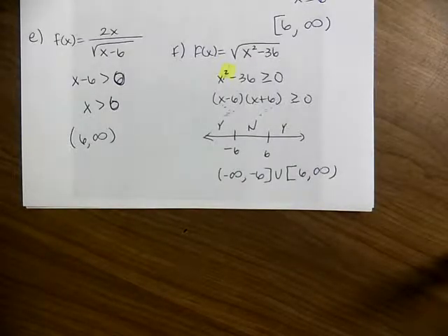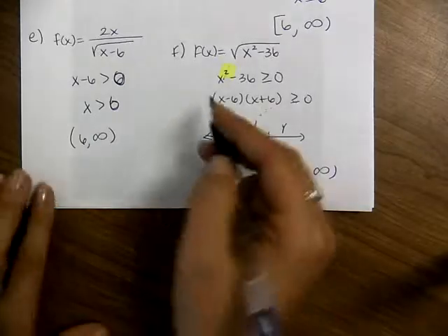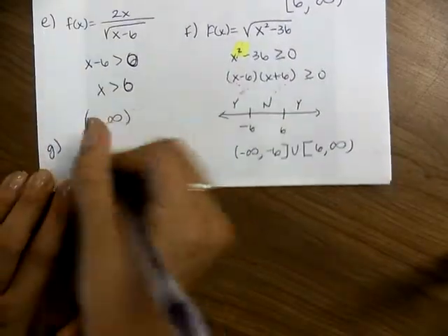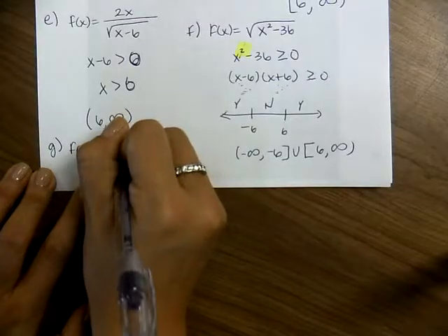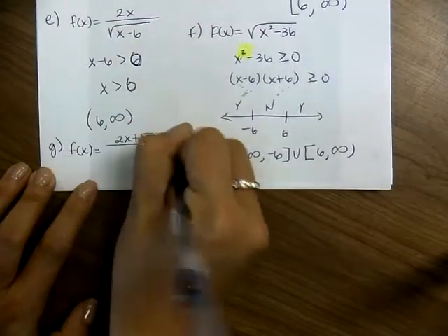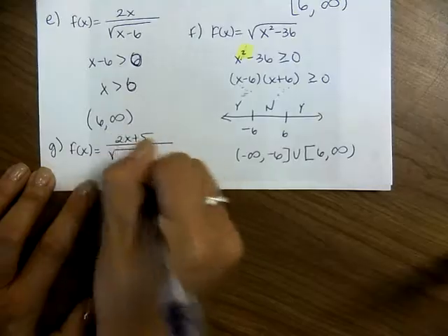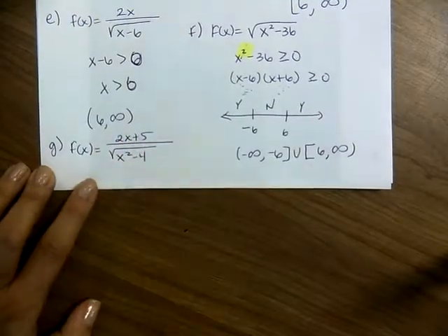Okay? Now, what if this looked like this now? Let's say f of x equals 2x plus 5 over the square root of x squared minus 4.